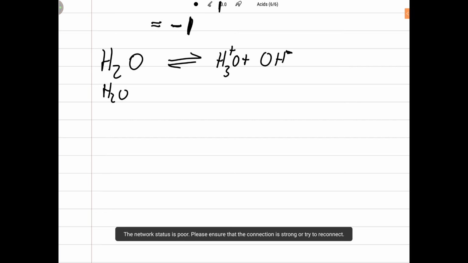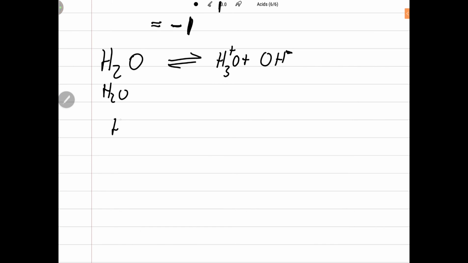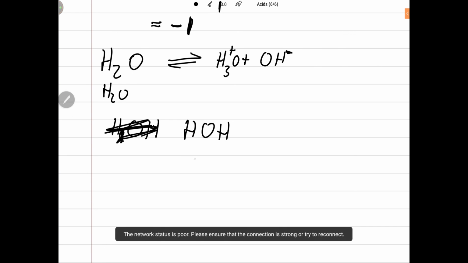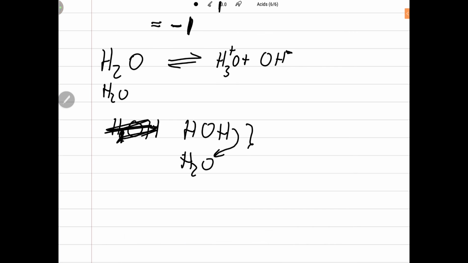One of these waters, this one here, HOH, is giving up its proton. So what we have here is an OH minus on top and an H3O plus at the bottom. So one water gives up its proton.